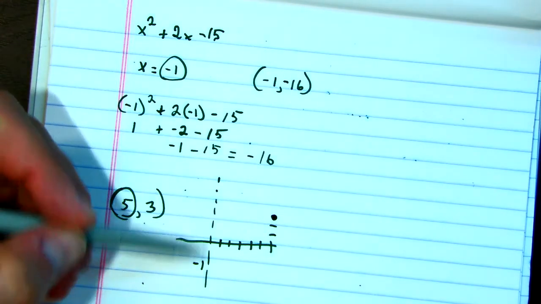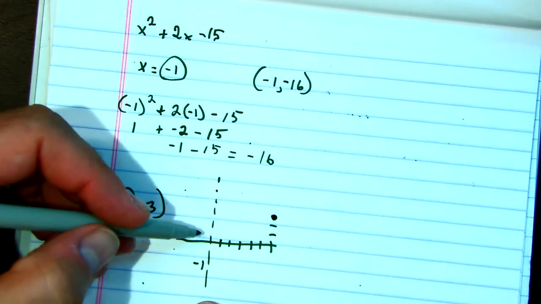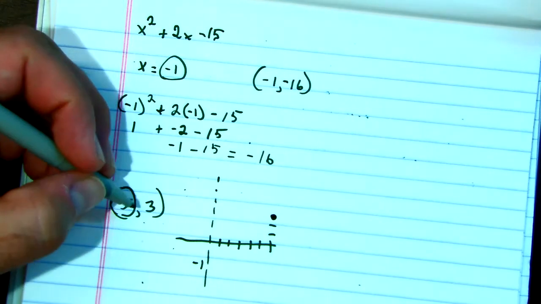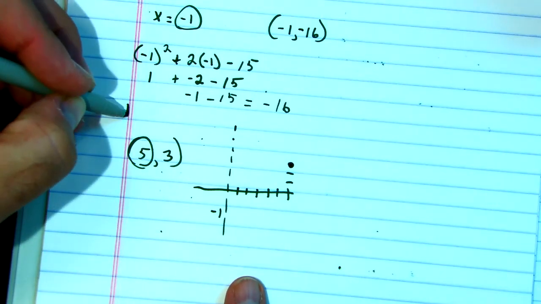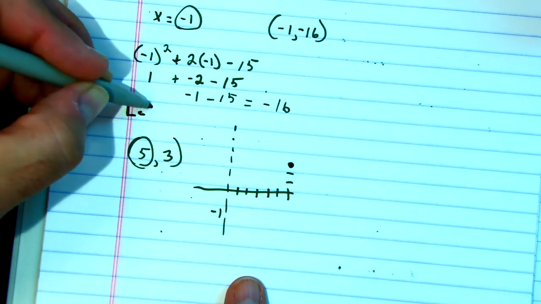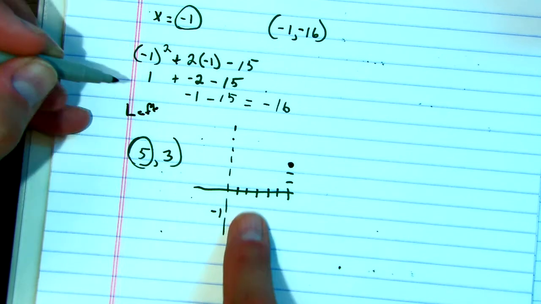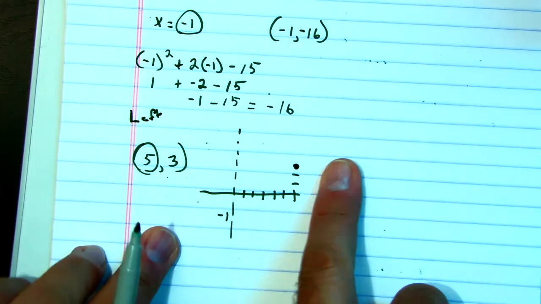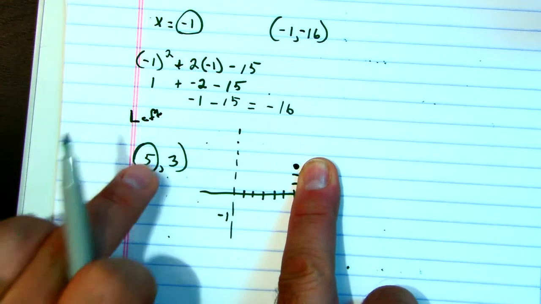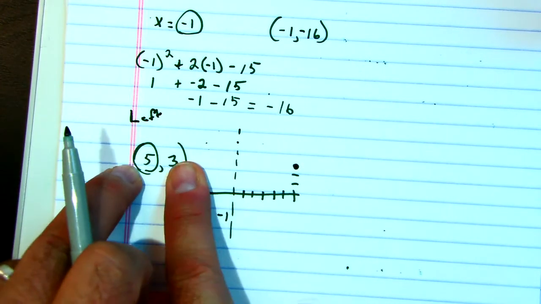So if this is my axis of symmetry, if they want another point, where does that other point have to go? Hopefully you know it goes over here on the left, right? It has to go on the left. Why? Because this axis of symmetry, or line of symmetry, cuts my parabola. If I've got one point over here, that means the other point's got to be over here, and it's still going to be at 3.